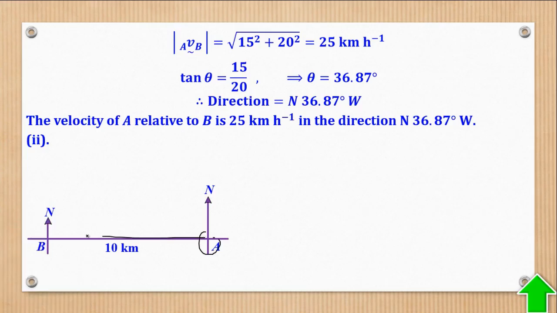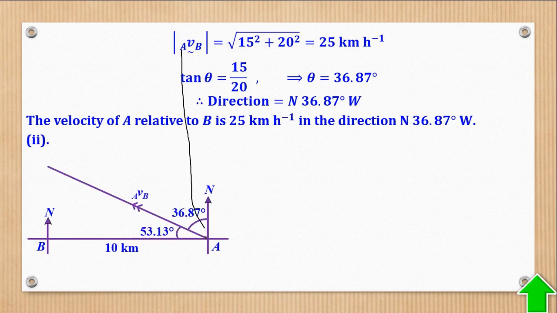Then west of A is where B is located, and the distance apart is 10 kilometers. Then from there, they want A relative to B, meaning that you are going to draw a relative path from A. And remember the direction was north, 36.87 degrees west. So from north towards west is 36.87, meaning the balance would be 53.13. That is our relative path.